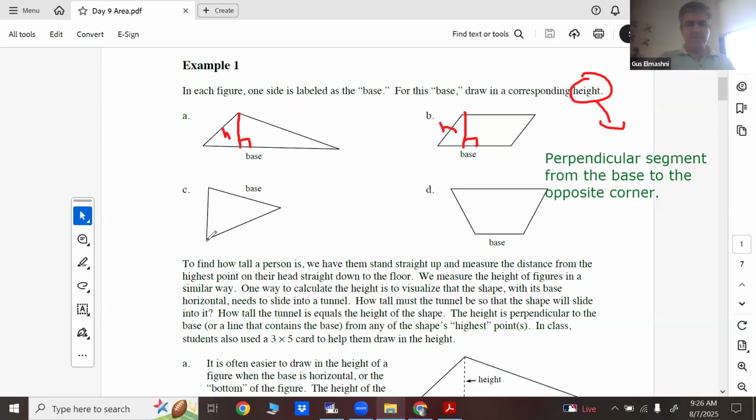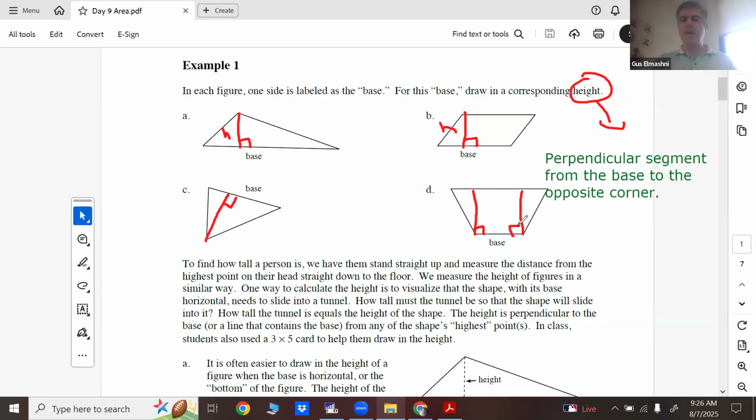For C, you draw it like this. Maybe forming a right angle. And for D, you could draw it like this. You could also draw it like this too. They're both the same. So that's how you do the height.